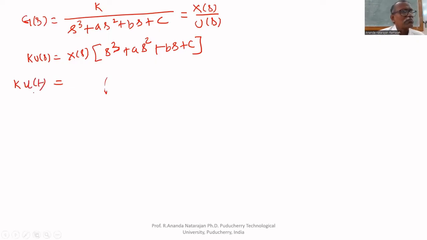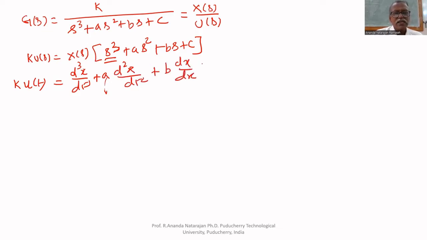U of s becomes u of t. S cube means third derivative, d cube x by dt cube. Plus a s square means second derivative, d square x by dt square, plus b dx by dt plus cx.